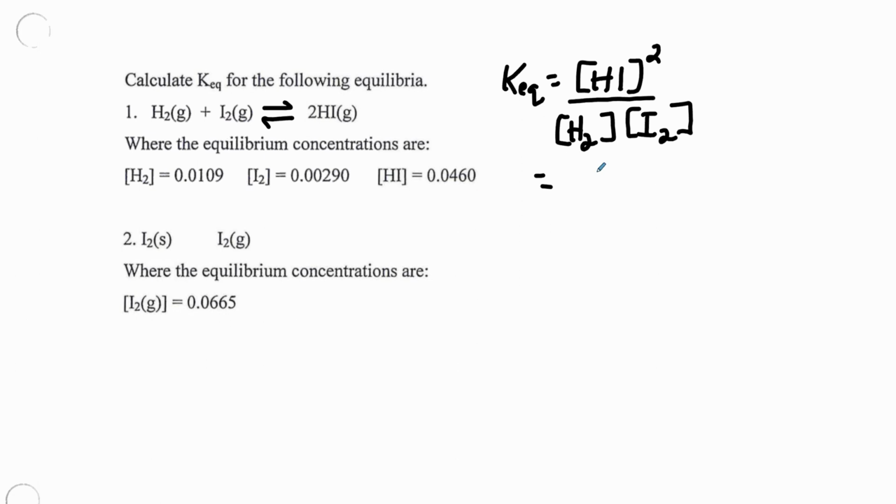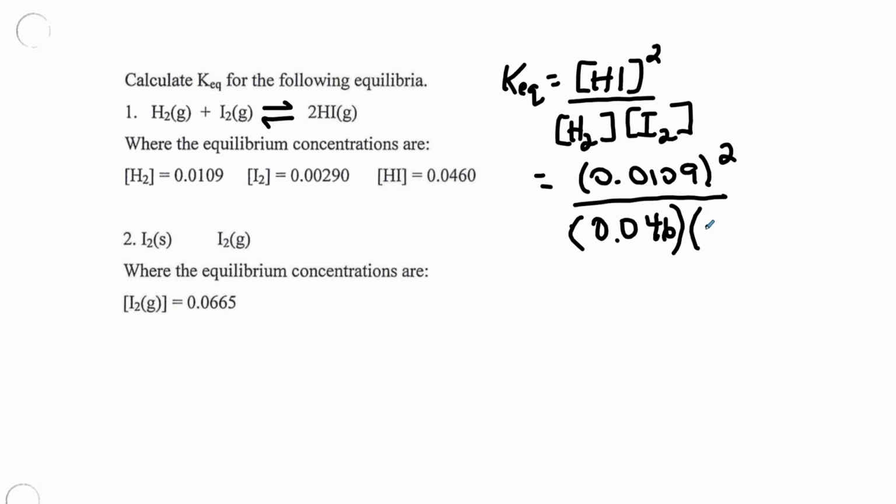So for HI, H2 is 0.046, and I2 is 0.0029. All you would do is calculate that, and that tells you that the K EQ, the equilibrium constant, is 66.94.